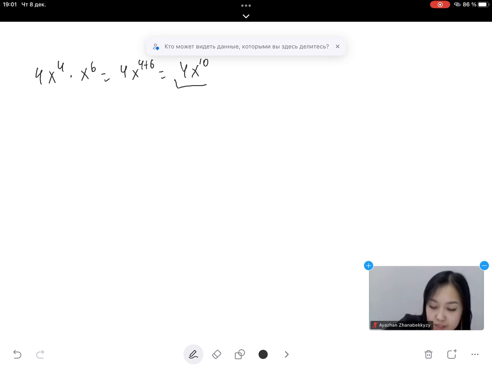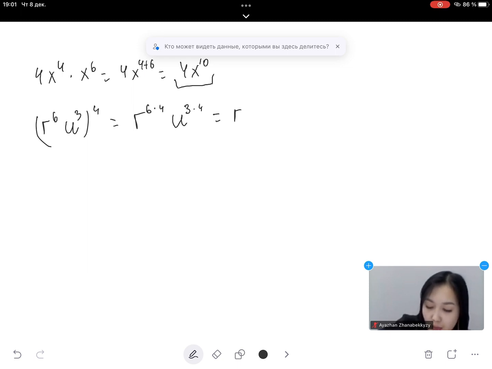This is the answer. And next example, r to the power of 6 u to the power of 3, to the 4th degree, equals r to the power of 6 multiplied by 4, multiplied by u to the power of 3 multiplied by 4, equals r to the 6 times 4, 24, and u to the 3 times 4, 12. This is the answer.